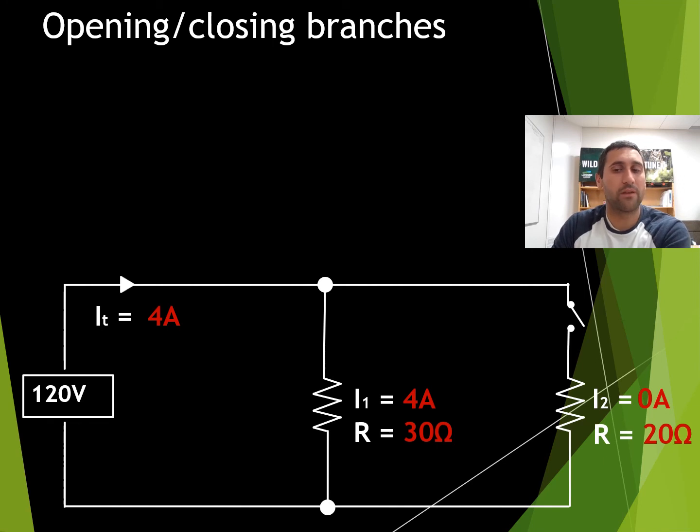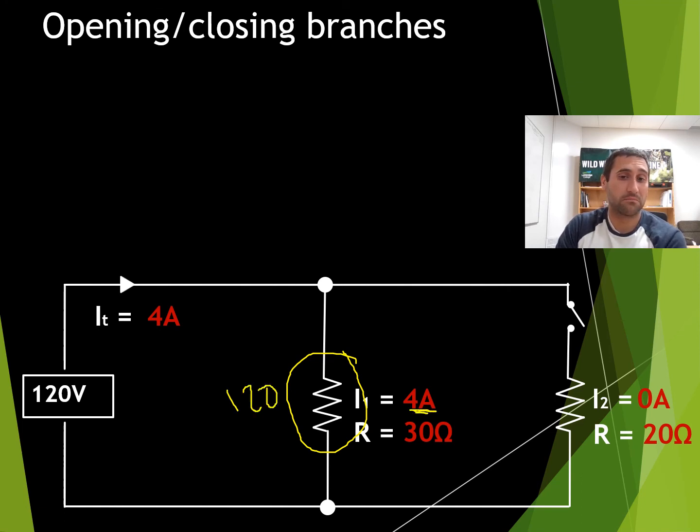So just be aware that if I am opening and closing branches of a parallel circuit, that I will affect my total current. Okay? I didn't affect the voltage across branch 1. This voltage is still 120. That didn't change. The current in branch 1 also didn't change.